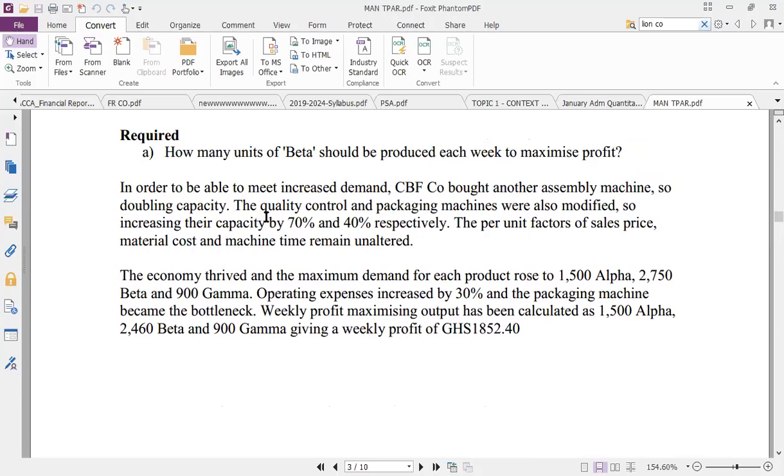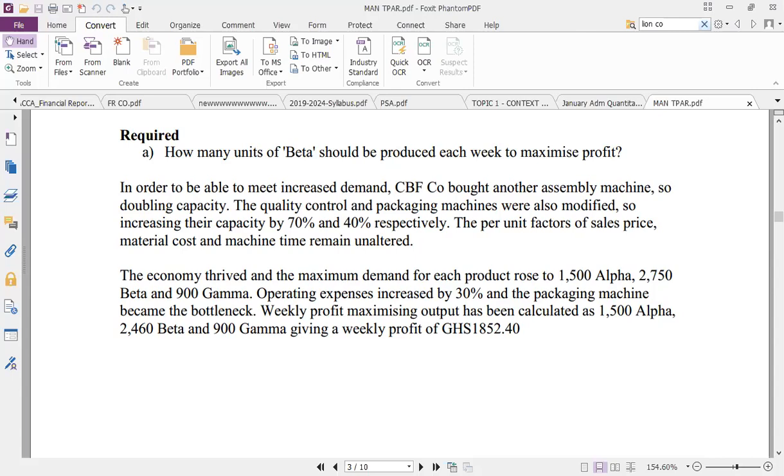The quality control and packaging machine were also modified, increasing their capacity. Now, they say the per unit sales price and material cost remain the same. So the selling price has not been increased.